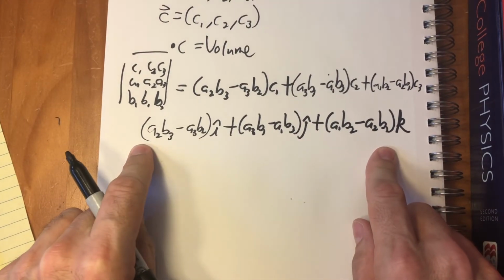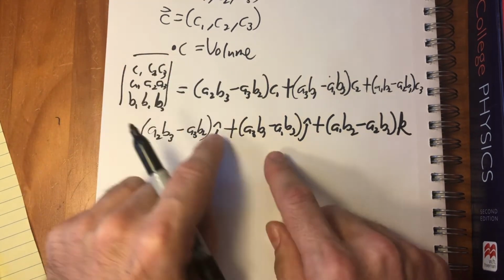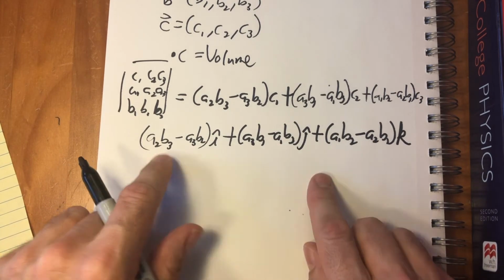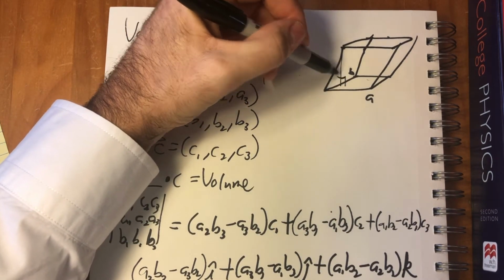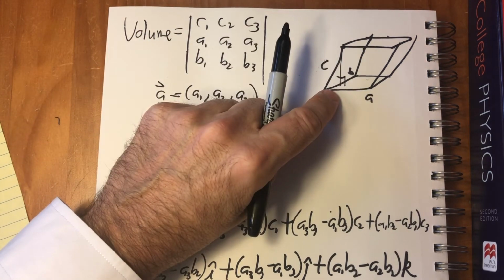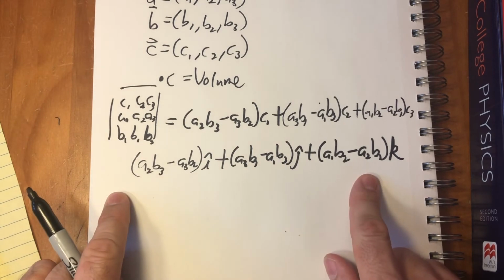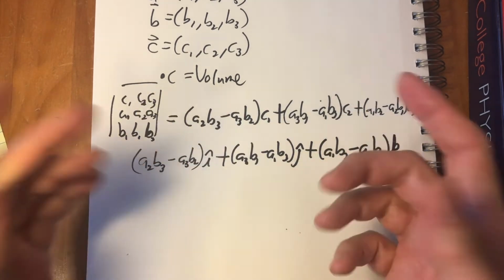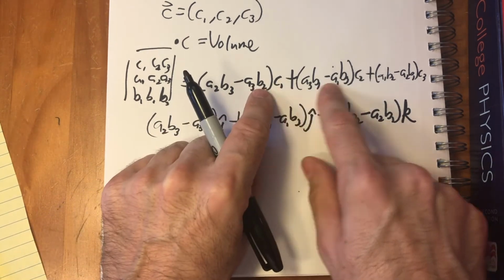This vector dotted with this vector gives us the volume. This vector then is a vector that's perpendicular to the base and has a magnitude equal to the area. That's this vector. And we can see that what we ended up with there is also clearly the determinant, right?